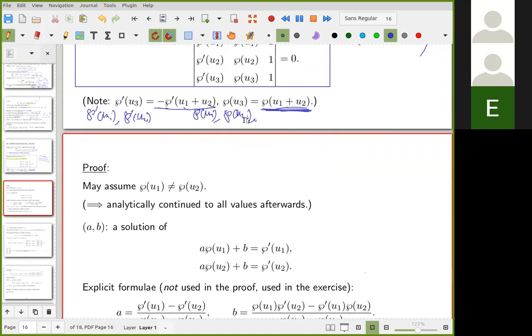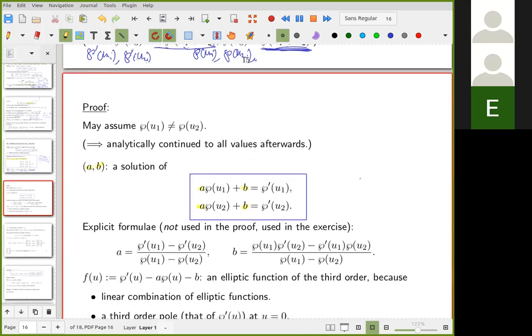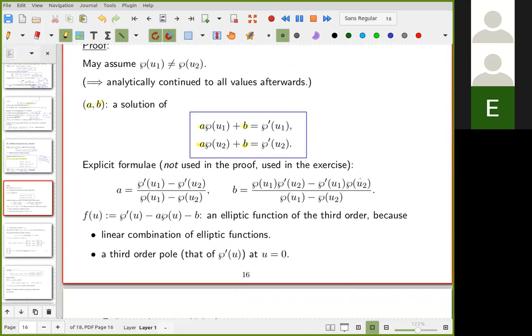And well, let's take a solution of such a linear equation for two complex numbers a and b. If u1 and u2 are fixed, then we have some solution.